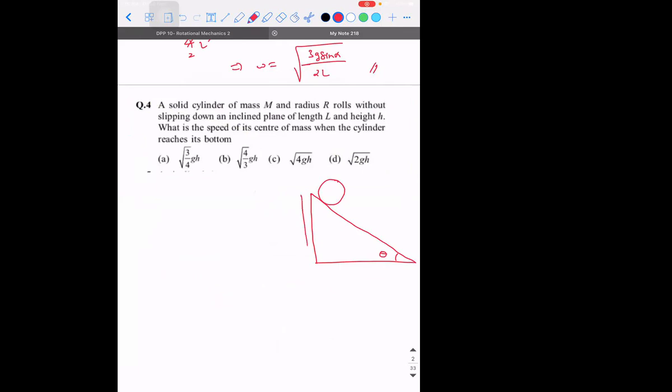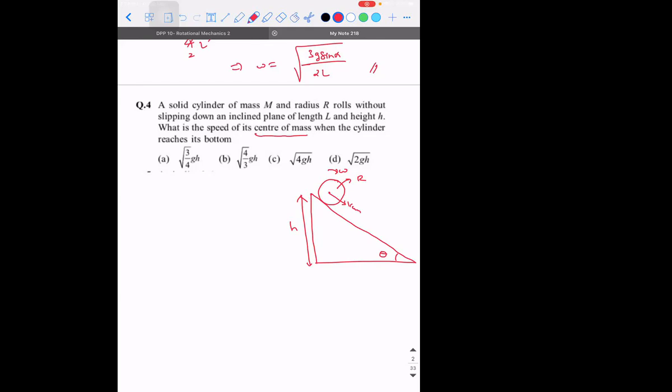Let us say it is released from a height h, and let the radius of this object be r, and the angular velocity of this object be omega. Starting from the center, let its velocity be vcm. They're asking with what velocity the center of mass is going to reach the bottom.